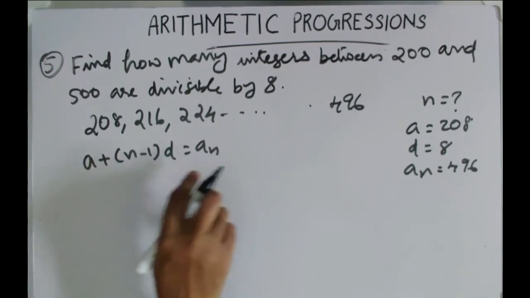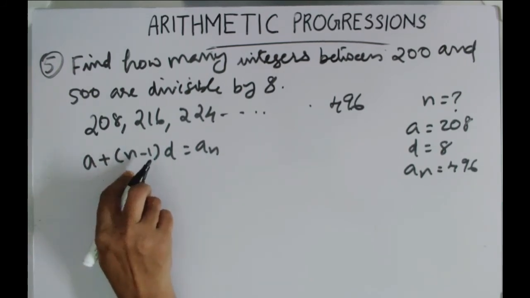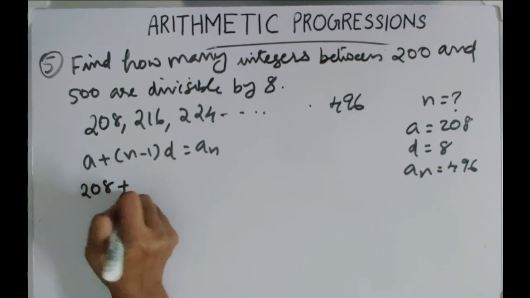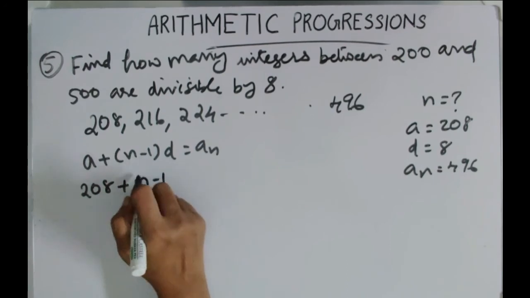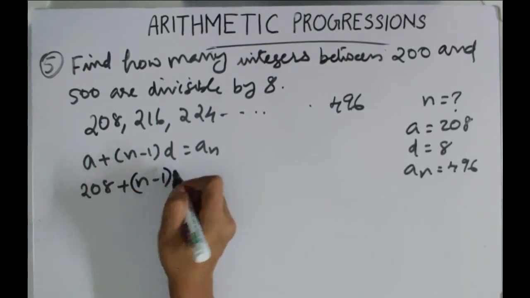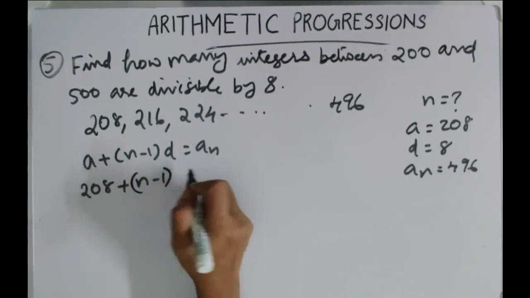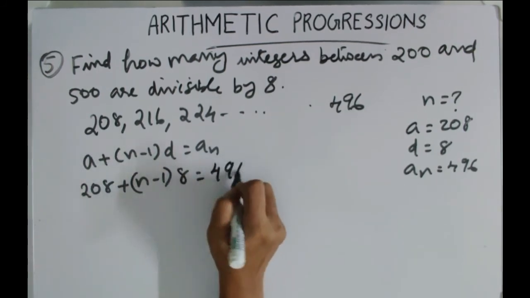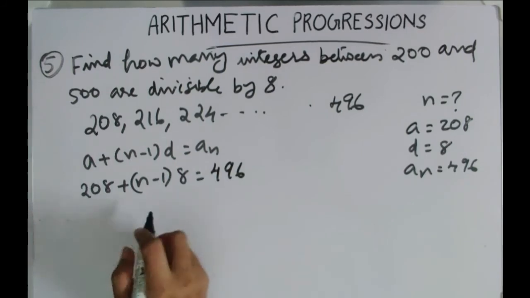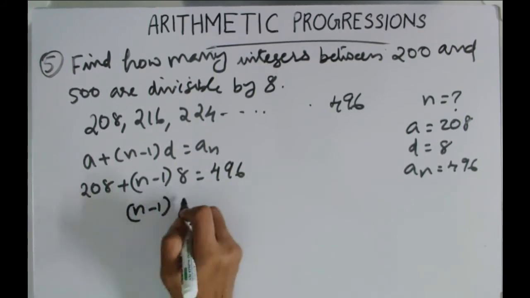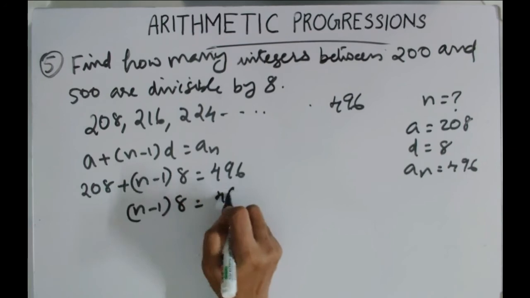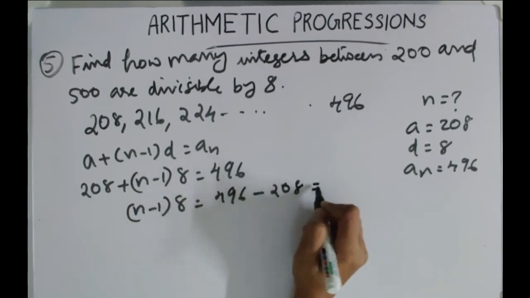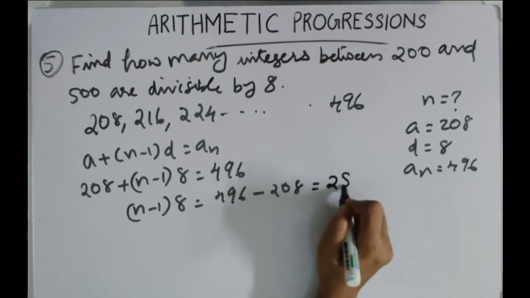Then we have to find the value of n here. 208 plus (n minus 1) into 8 equals 496. (n minus 1) into 8 equals 496 minus 208, that is equal to 288.